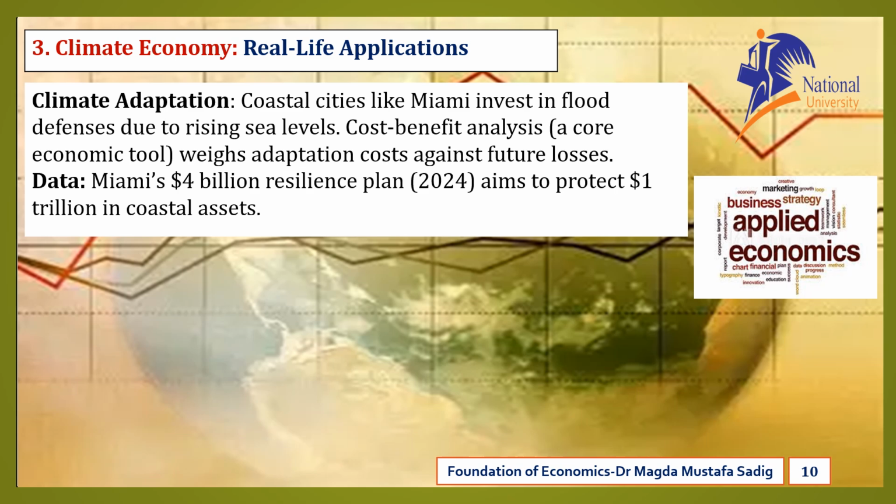Miami's investment aims to protect $1 trillion worth of coastal assets, homes, businesses, and public infrastructure, highlighting the economic scale of climate risk. So adaptation is not just engineering, it is economic planning. Cities must act proactively, not reactively, to avoid catastrophic losses.